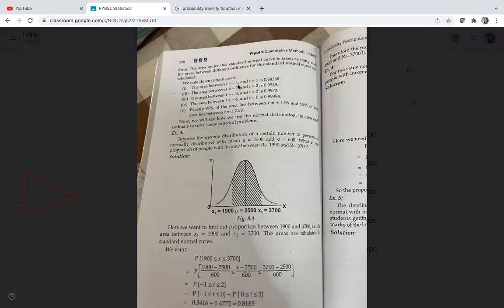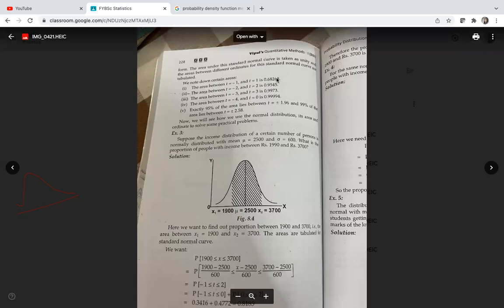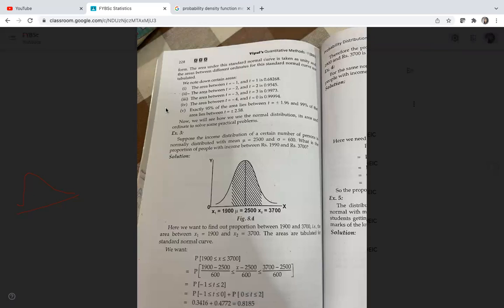Now the area under this when t is -1 and t is 1 will be 0.68268, right? And so on. For -2 and 2, it is 0.9545.